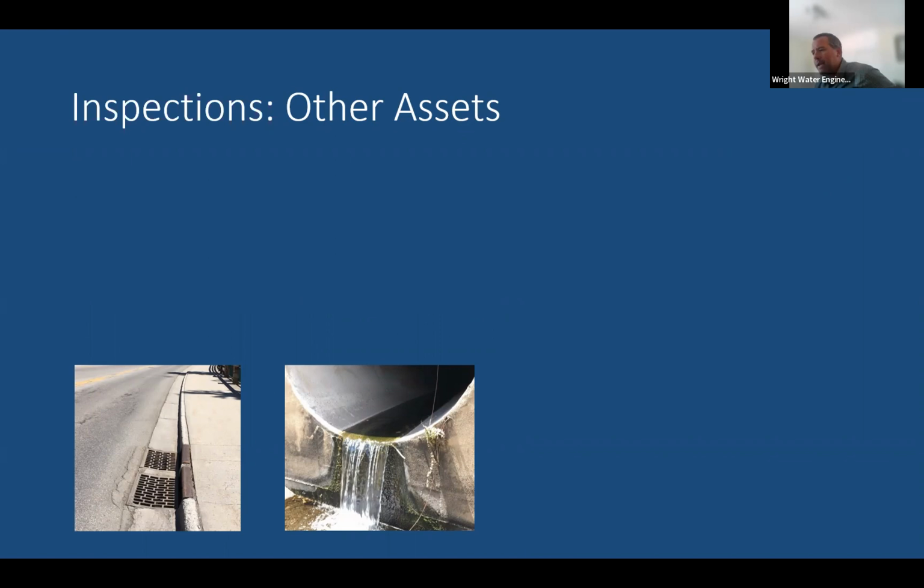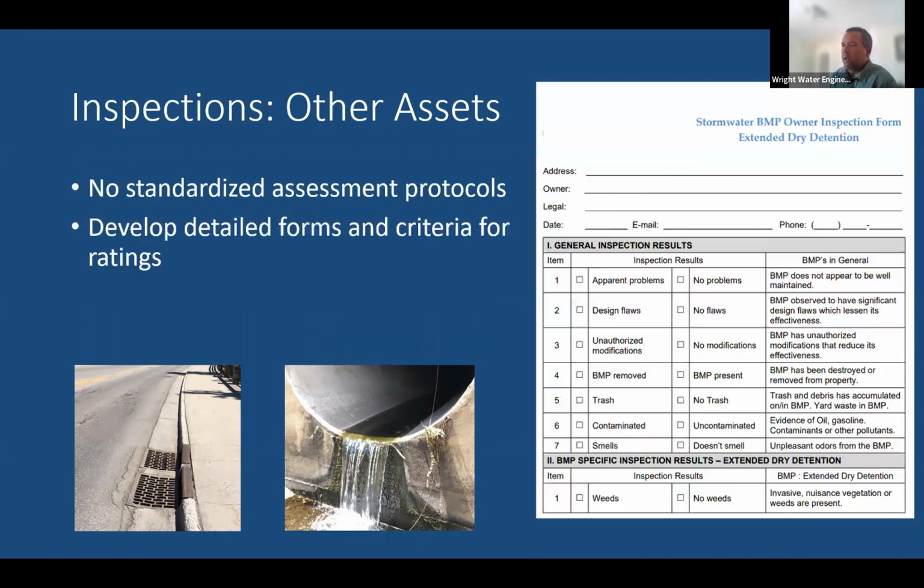Of course, we have other assets in a stormwater system. We'll have inlets, we have outfalls, we have stormwater control measures, etc. There's really not standard assessment protocols for a lot of these other assets.